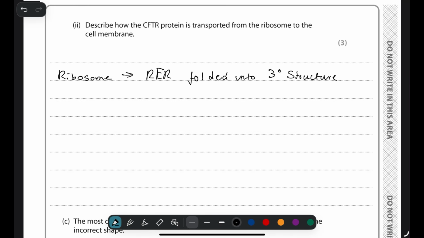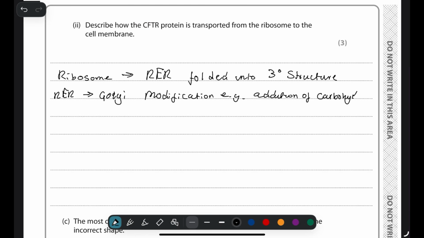Then what happens after the RER? Well, it's going to go from the RER to the Golgi. And at the Golgi, that's where you're going to have modification, really. So modification, and I always like to throw in an example, e.g. addition of carbohydrate chains, just to make my answer stand out a bit more.